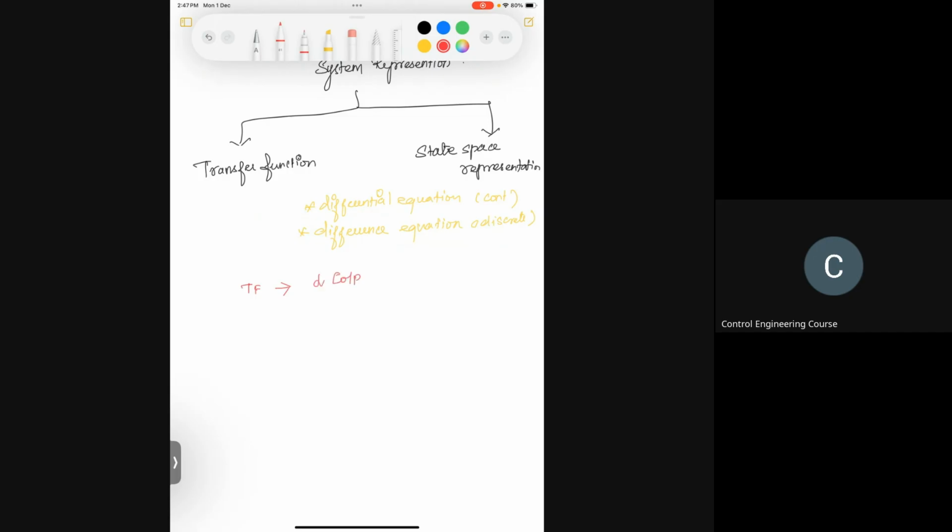Laplace of output divided by Laplace of input at zero initial conditions. Here, we call the numerator zero and the denominator pole.